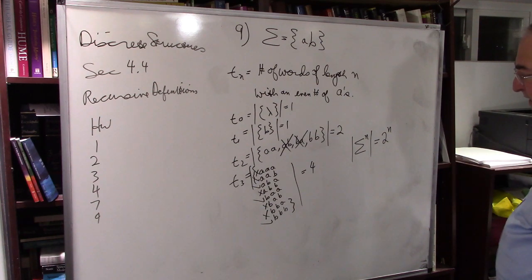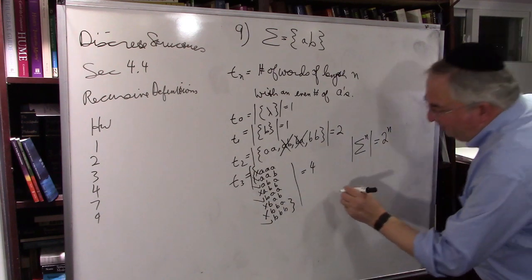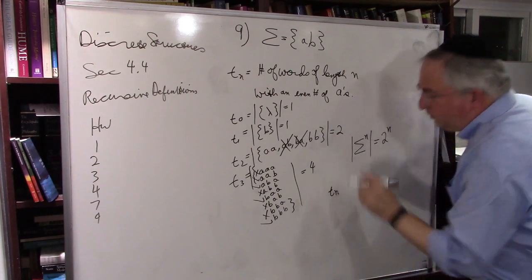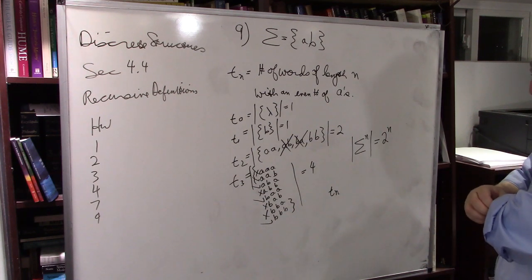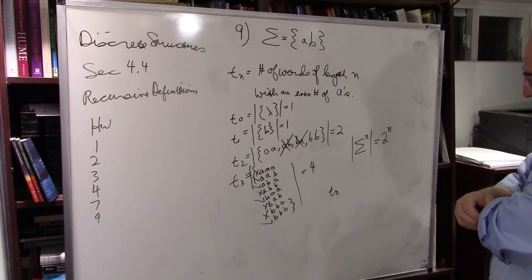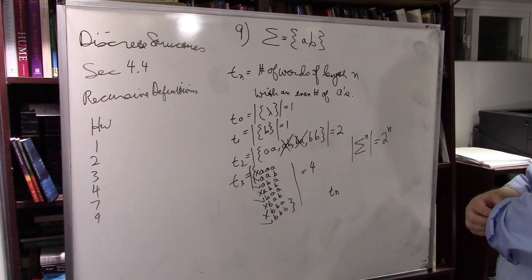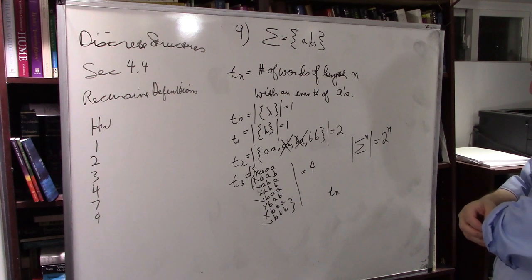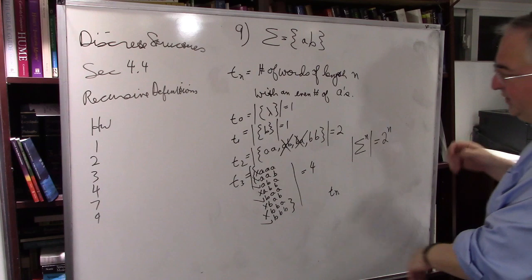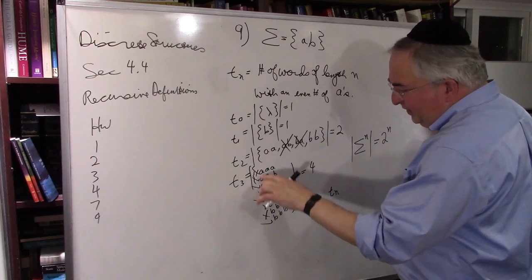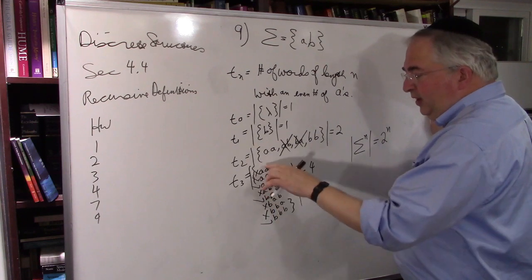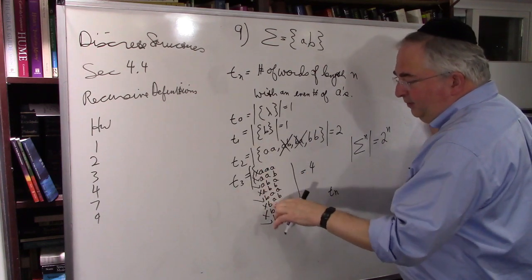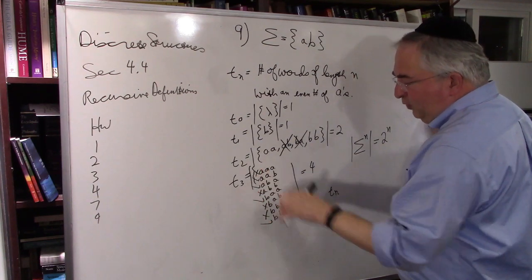Now, let's say I wanted to make T(n). I want to figure out what T(n) is. So, look what I do. Take all the words that have an odd number of A's.